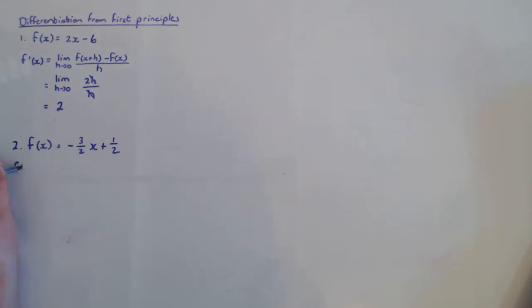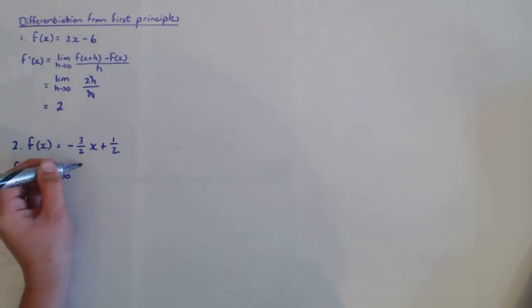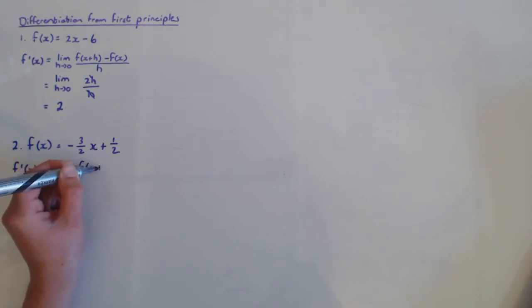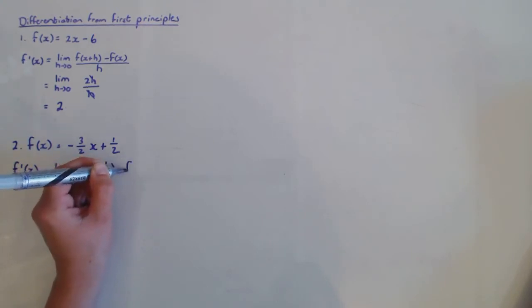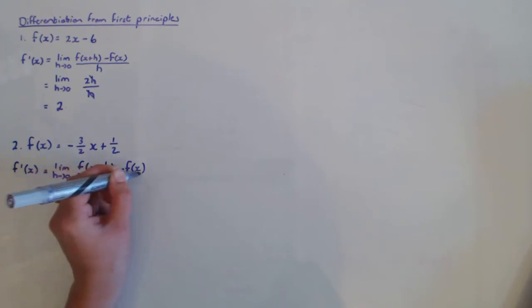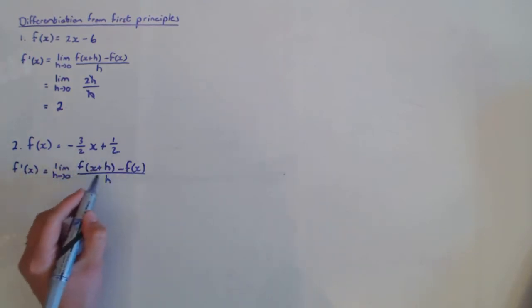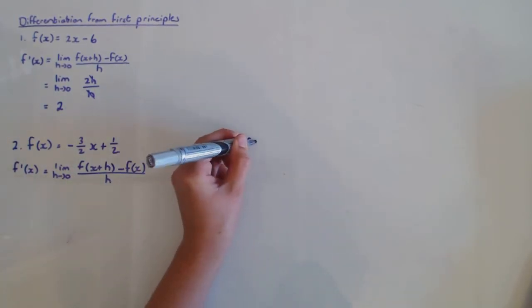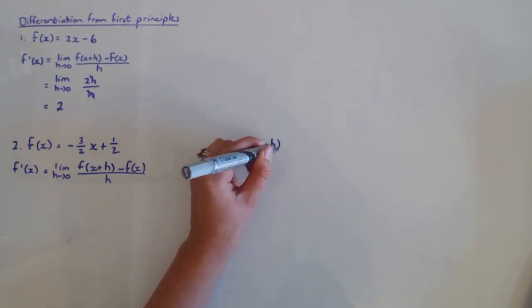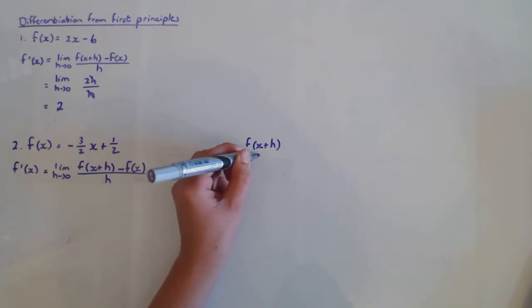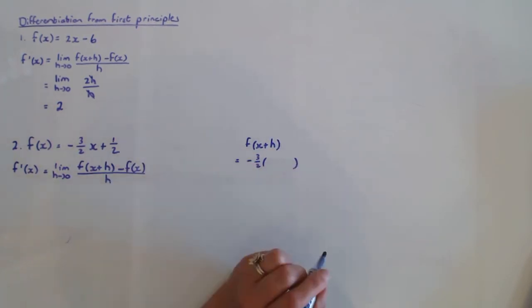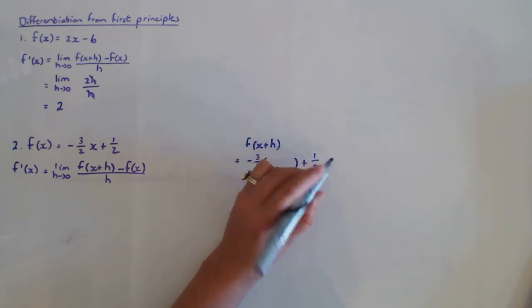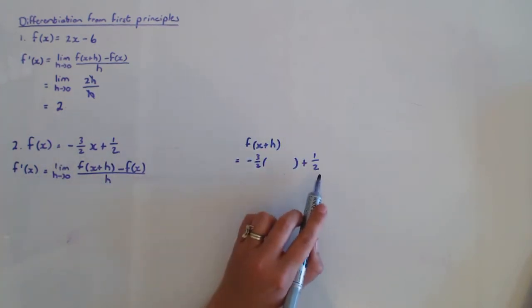I want to work out the derivative from first principles, meaning I'm going to use the formula, the limit as h goes to 0 of f(x plus h) minus f(x) over h. And I need this and actually this, so I'm just going to work that out on the side first. So I've got f(x plus h), which will be negative 3 over 2x plus a half. This is my formula, negative 3 over 2x plus a half.